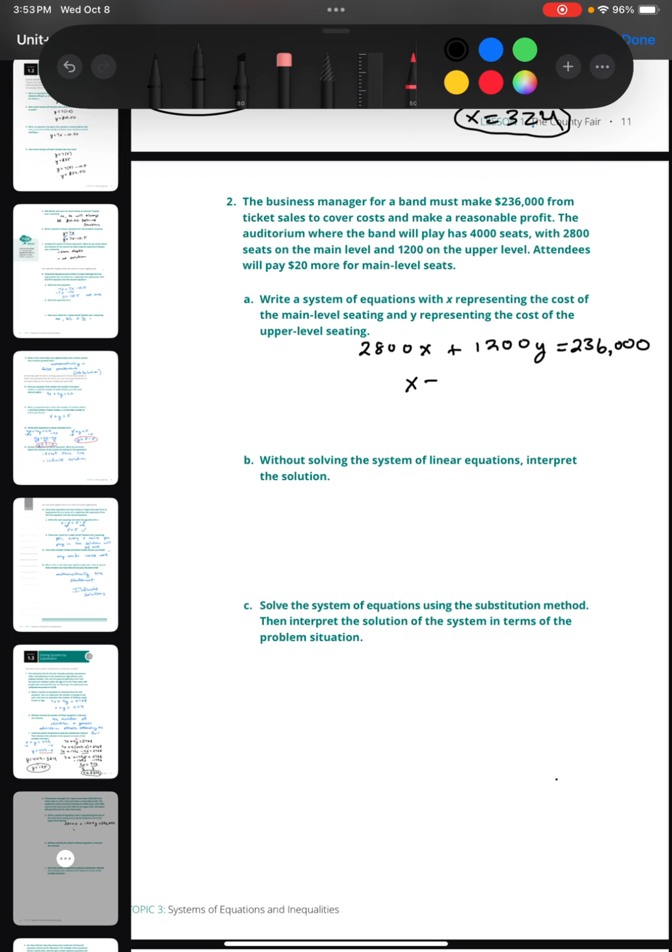So the main level is equal to the upper level plus 20. Okay, so there's our system. So B, without solving, what is our solution going to represent? It's the cost of main level and upper level tickets.